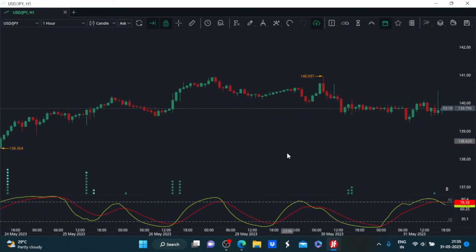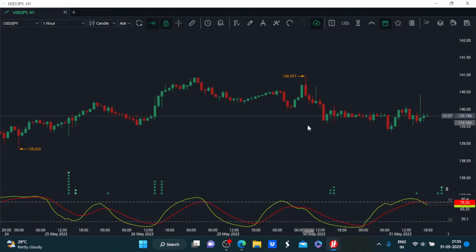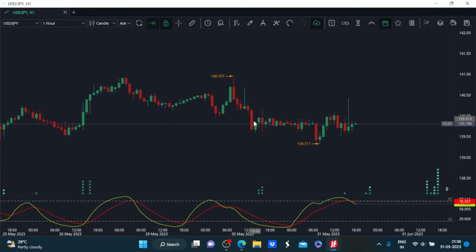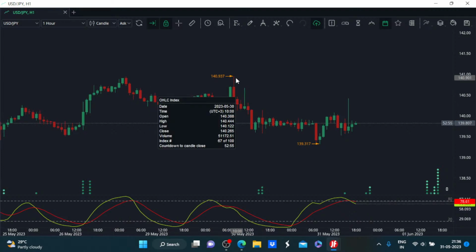Similarly, if we go back in time, here yesterday we had this extreme level reached for the DDS line, not really for the signal line. The signal line was below 80, and then this crossover happened. Here also the price momentum didn't change immediately afterwards. It took some time, and again there was a fresh spike, and only after that this decline came into play.